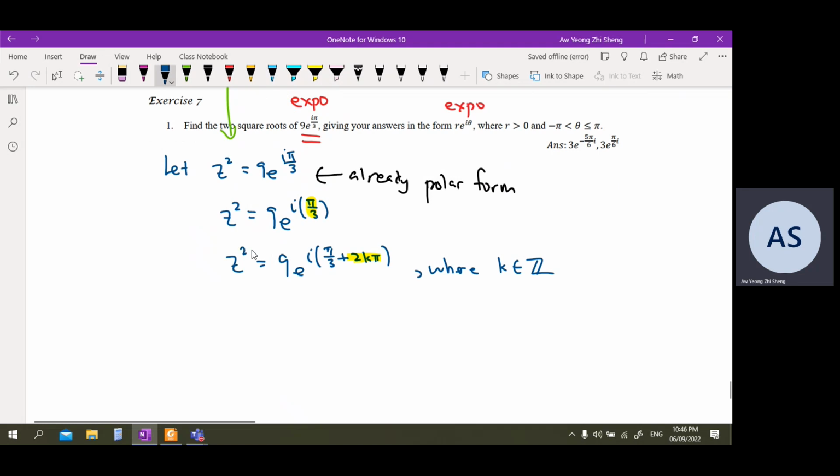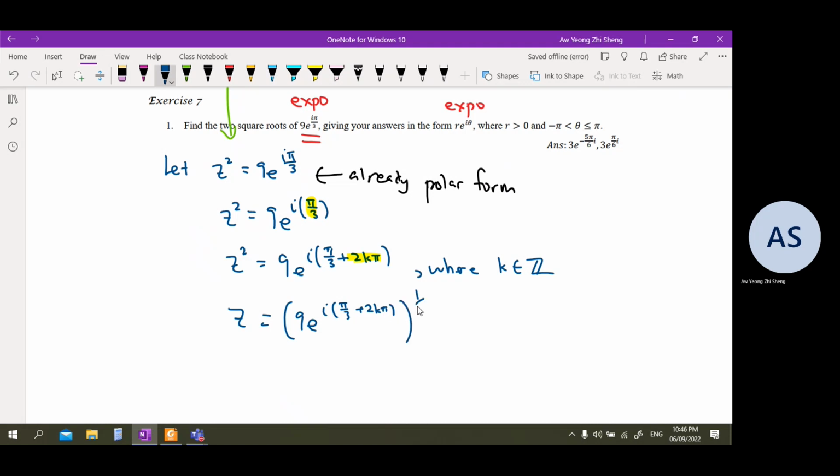Okay, next, the power 2 moves over to the other side. It becomes a power 1/2.